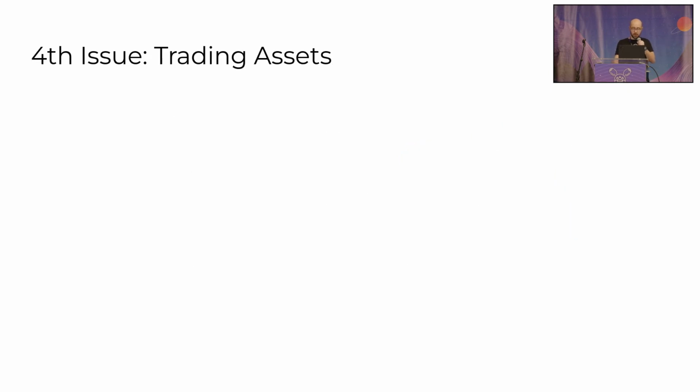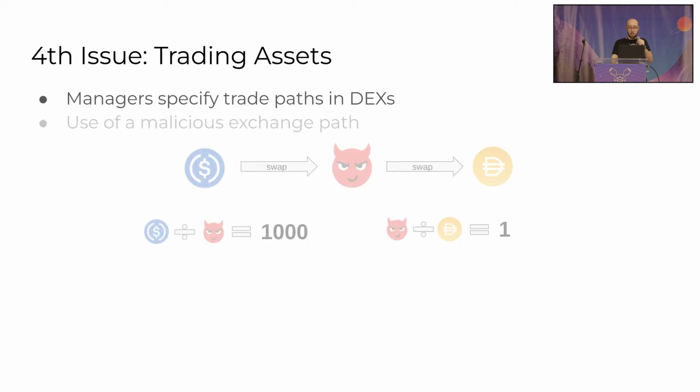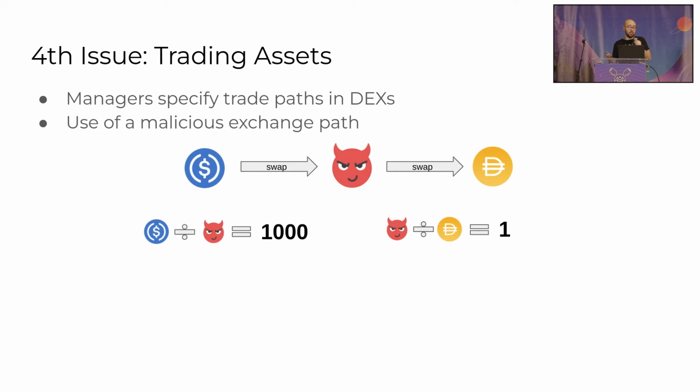So another really interesting issue that we see a lot has to do with trading. So as we said, the manager always tries to increase the value of the fund, right? And for this, they do trades. Many trading platforms allow the manager to specify a path to do this trade. So let's imagine that we have a malicious manager who wants to trade USDC for DAI.